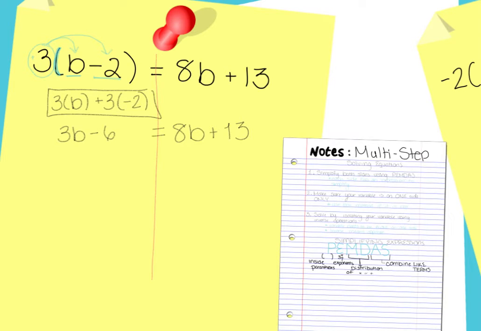So here I'm just going to go ahead and use the box method as I have been before. So identify your variables and identify your terms without the variables. Put them each on their own side.